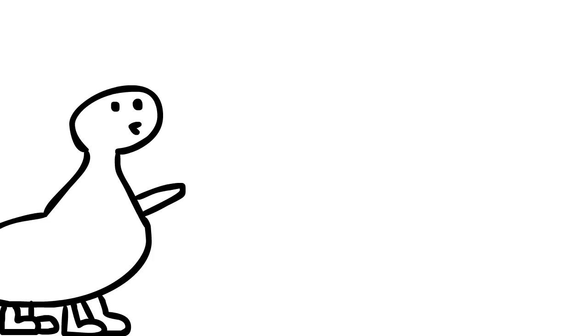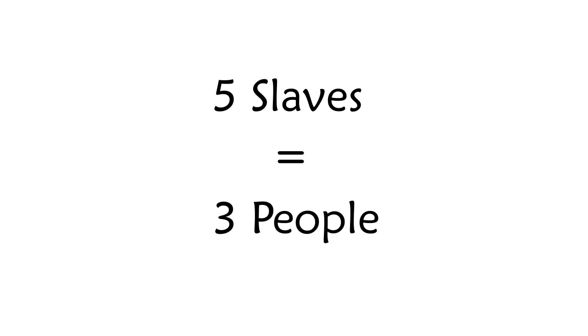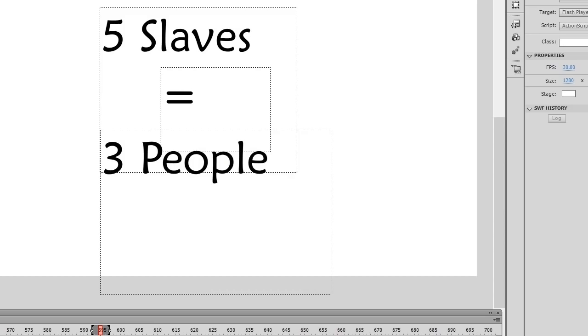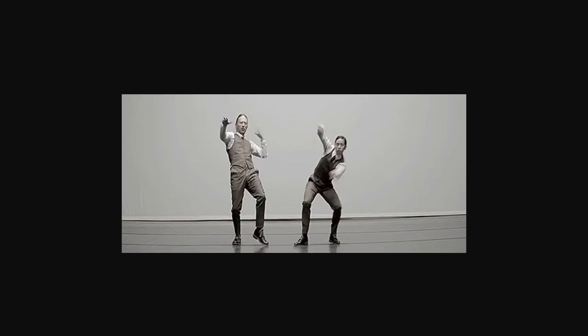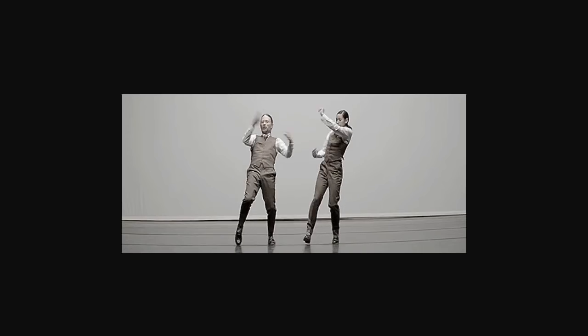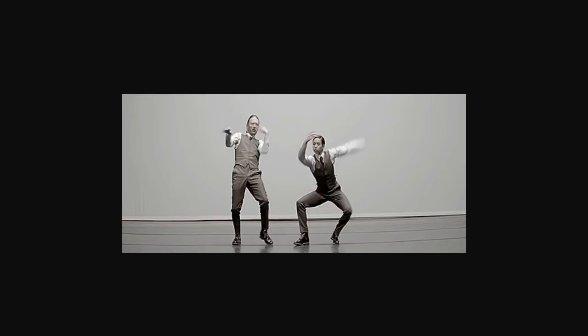For every time we do the census, which we just discussed earlier, we are going to count 5 slaves as 3 people. So 5 slaves were the equivalent to 3 people.